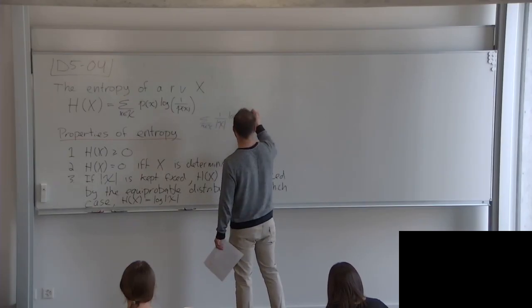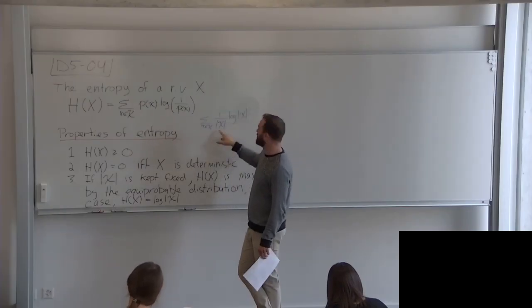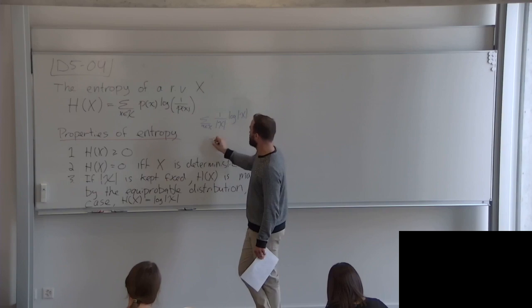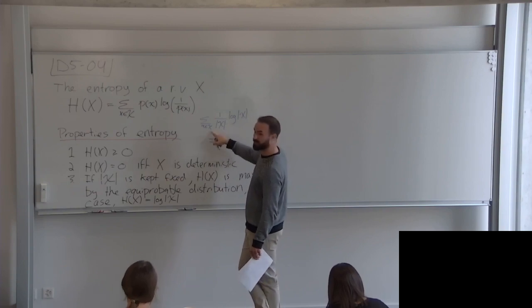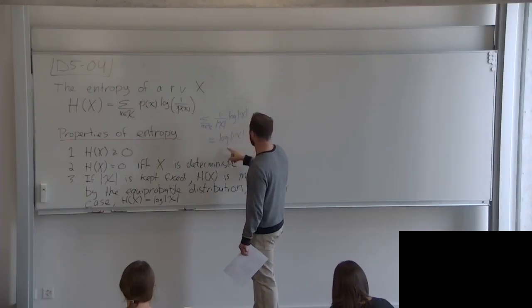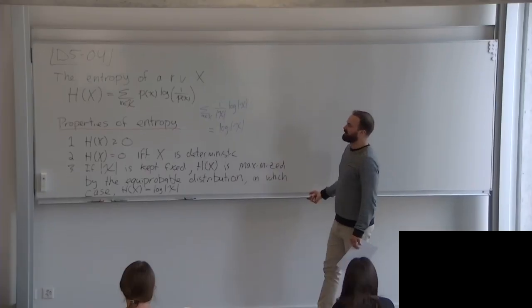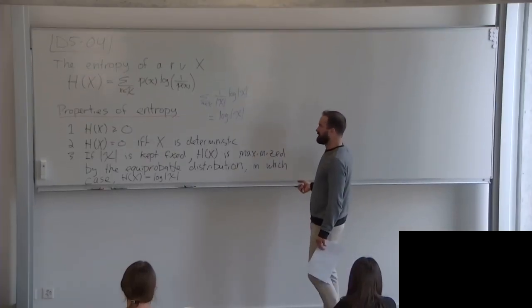There you go. But this sum is now an empty sum because I'm summing constant things. So that would simply give the cardinality of cal x, which would cancel out this 1 over cal x. It will give log of the cardinality of cal x. Now the other way around is a bit harder.